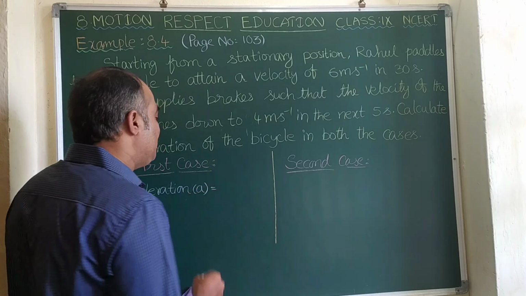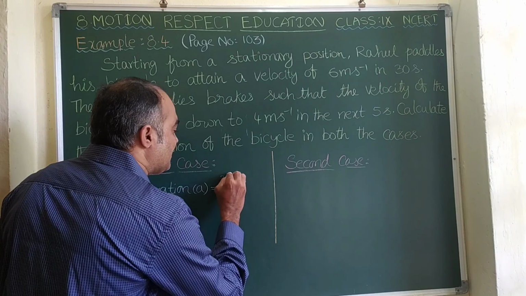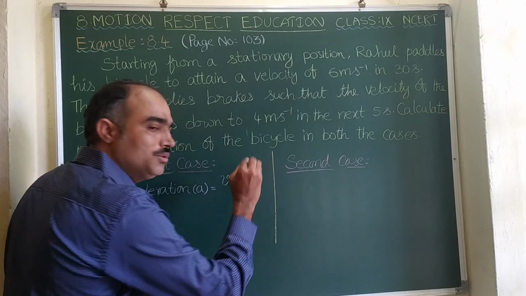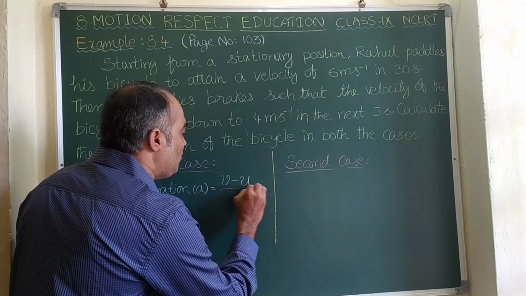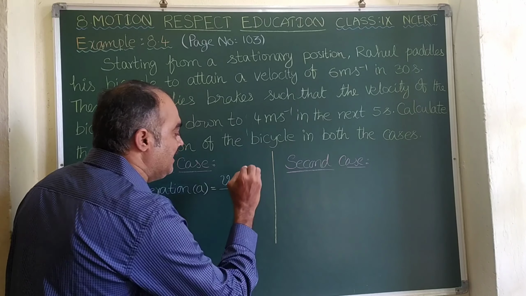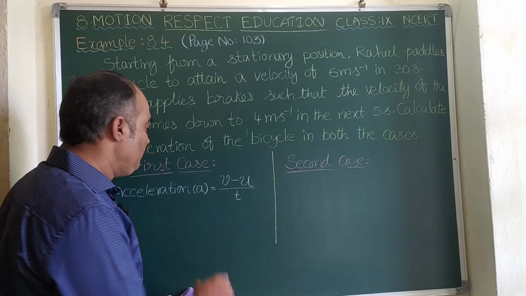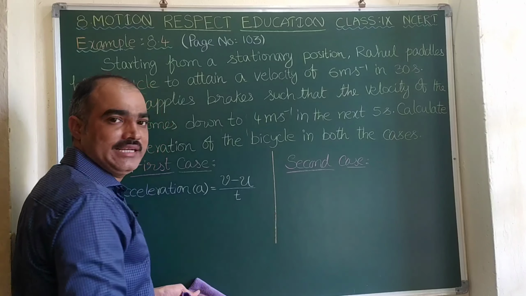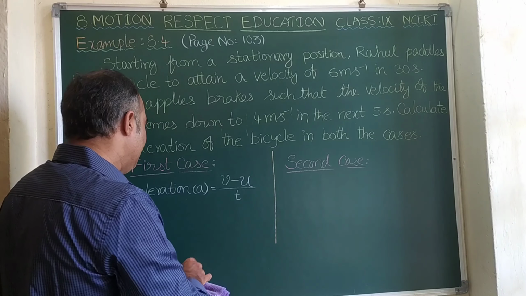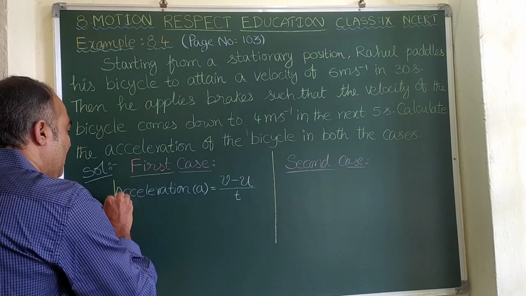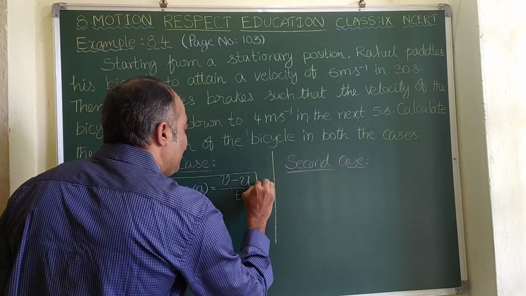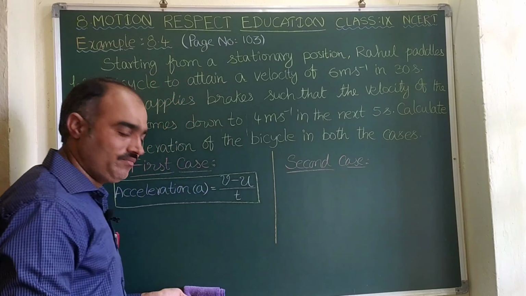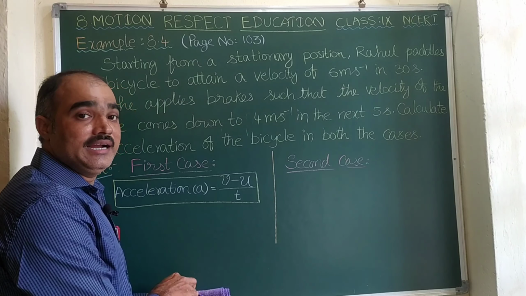So formula-wise, we can write final velocity as v, initial velocity as u, and the time taken to attain the velocity as t. So a equals v minus u by t. This formula can be applied for both the cases. The formula will never change. Now here let us write the data.